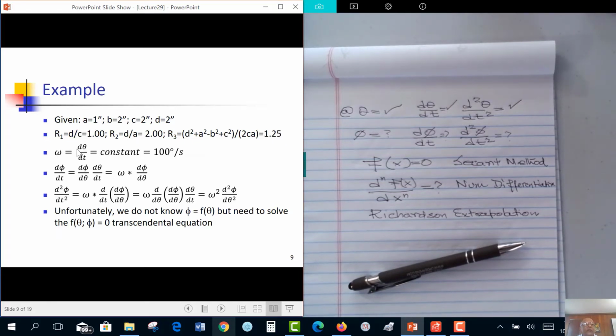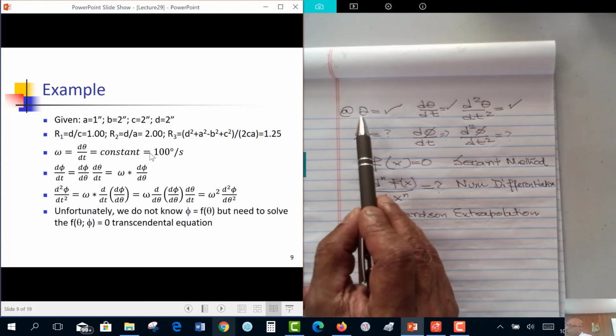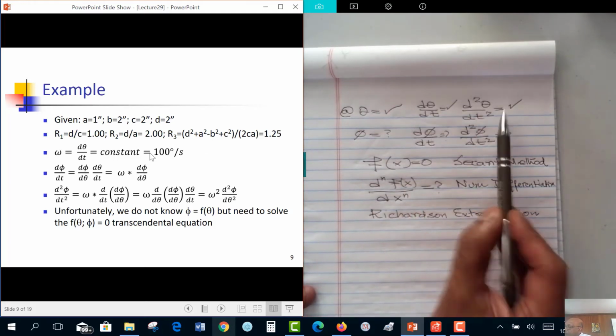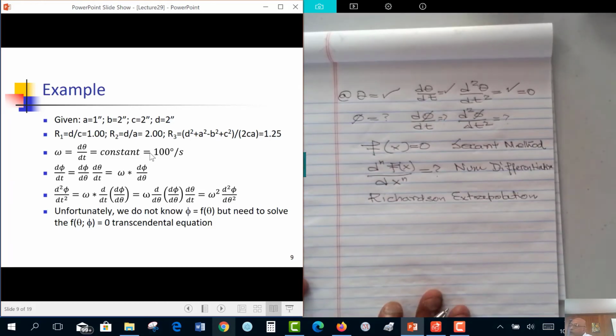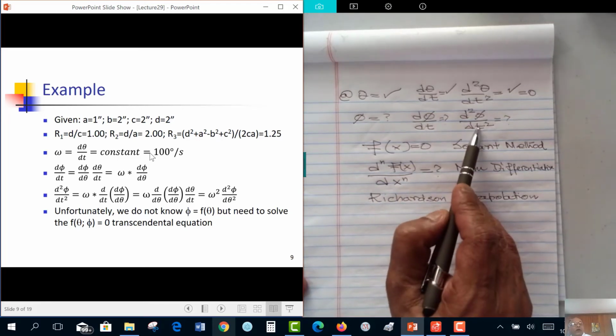Let's suppose we move the link, which is at an angle theta, at a constant angular velocity of 100 degrees per second. We want to find out, at a given theta, we know the velocity, the acceleration is 0. So we want to find what is phi, what is d phi dt, and what is angular acceleration.